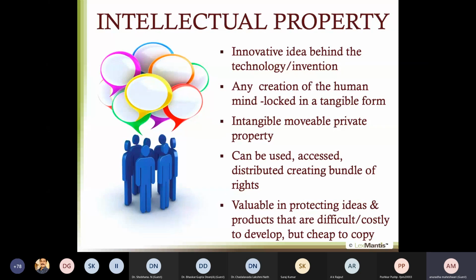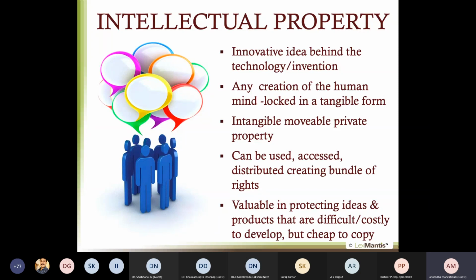So we say in law, any creation of the human mind that is locked in a tangible form.